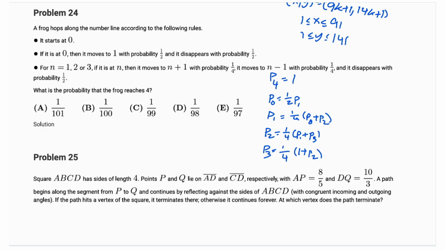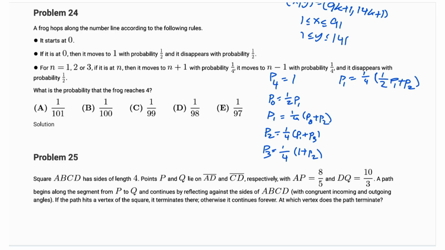And then we can solve this system. So we have P0 is equal to 1/2 of P1, and so that means that P1 is equal to 1/4 of P0, which is 1/2 of P1, and then plus P2.